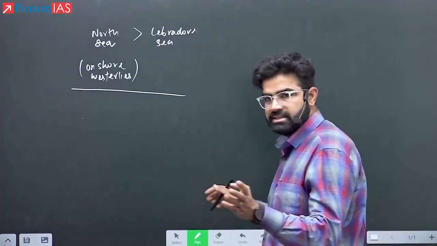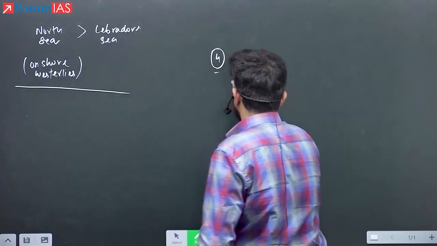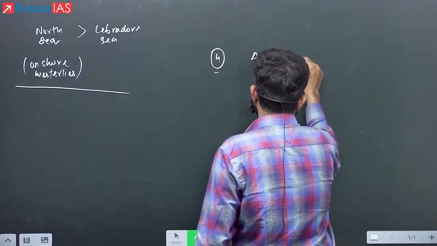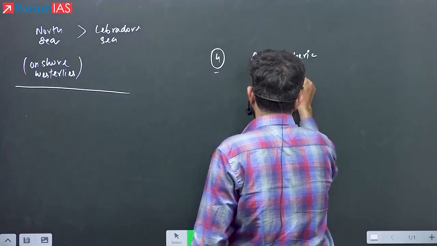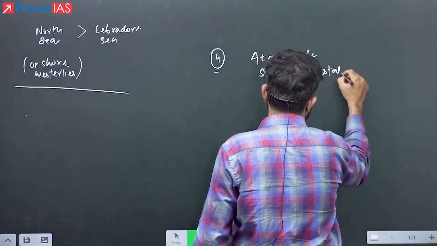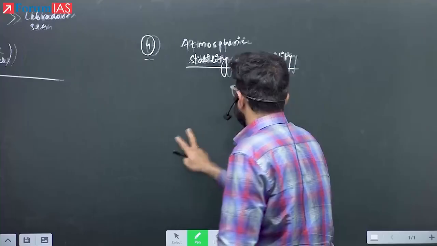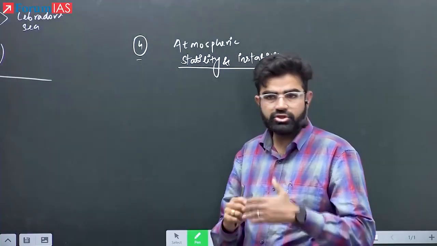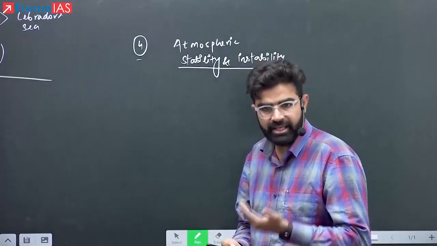How many factors did we discuss? Three, four. Three, fourth factor. If there is atmospheric stability in some particular region, what will happen to the temperature? Can I say atmospheric stability means no rainfall? If there is no rainfall, the temperature would be slightly higher.